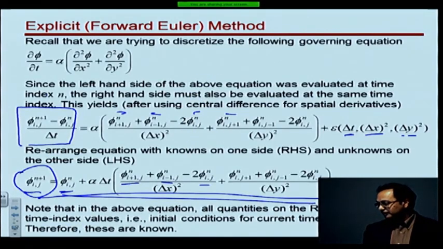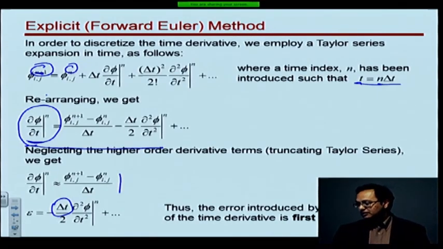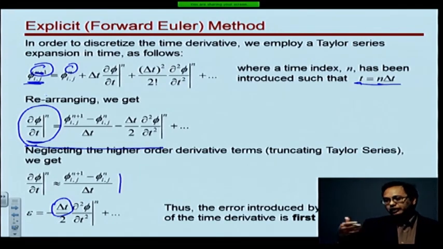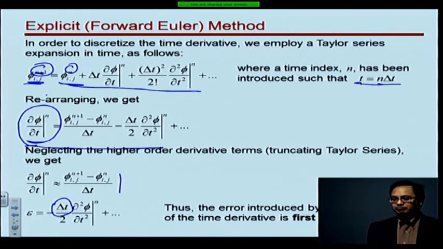The other name for it is the forward Euler method, and that's because here we are expanding, going forward in time, using an expansion about an old time. You will see later on that you can do it the other way around.